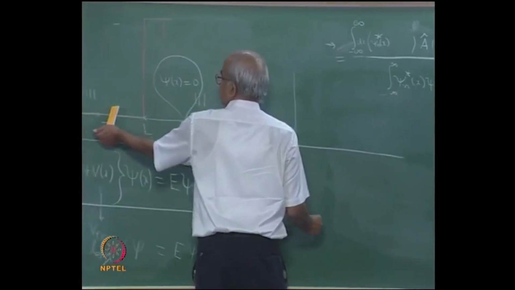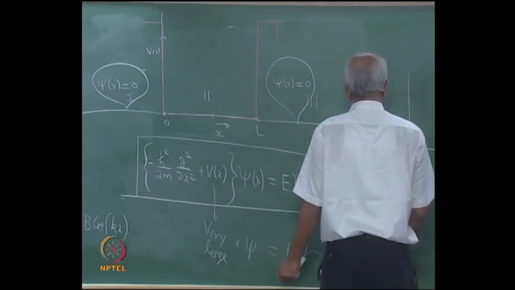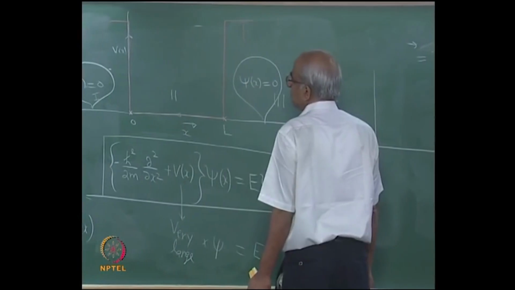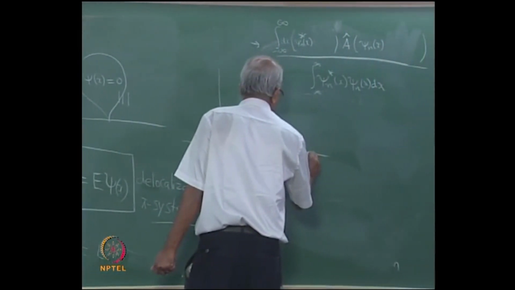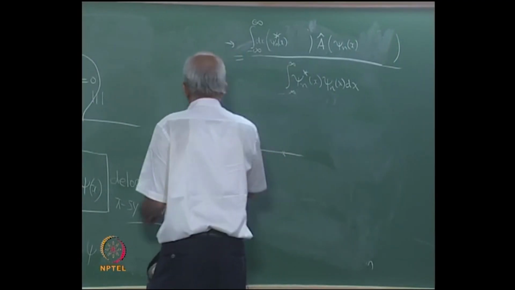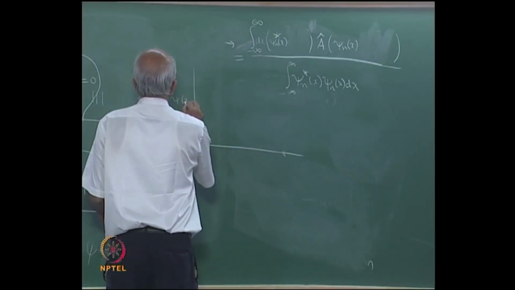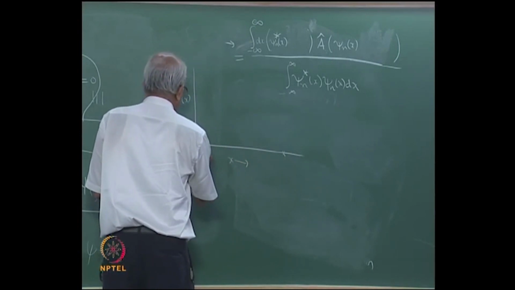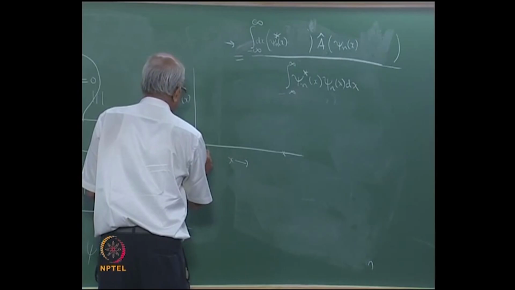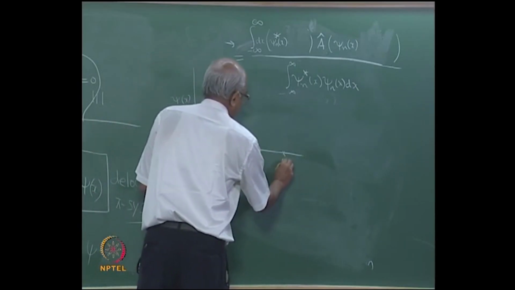See, this is a plot of v of x against x, and now I want to make a plot of psi of x against x. And the box is of length L. So, therefore, the box extends from x is equal to 0 to x is equal to L.